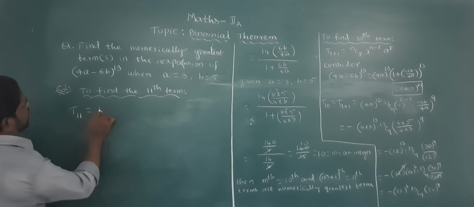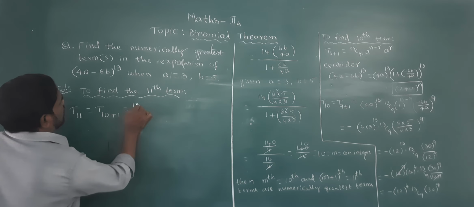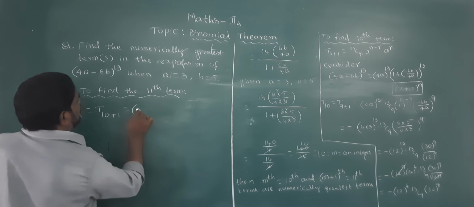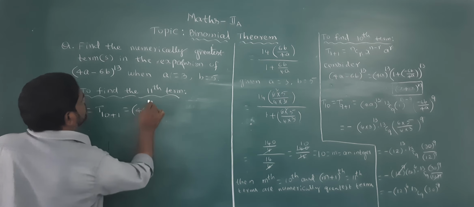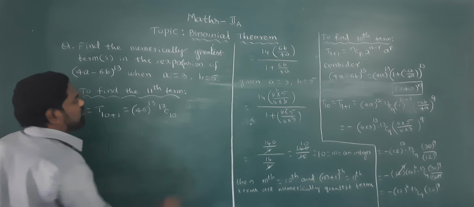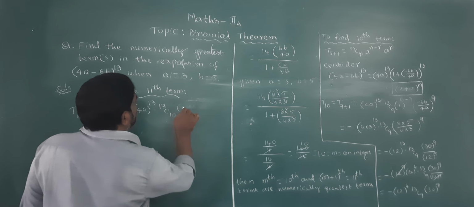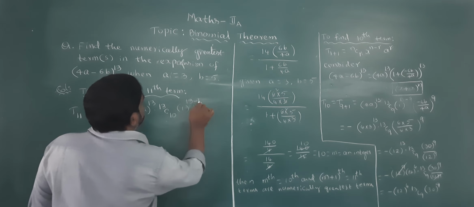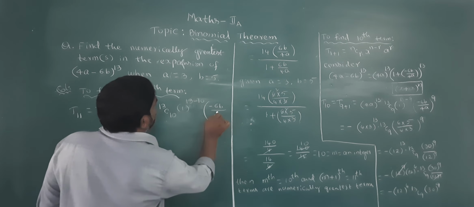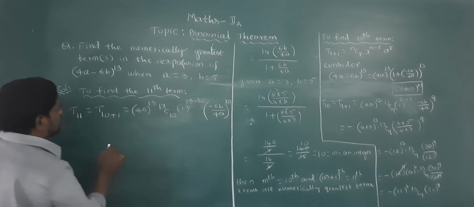T11 can be written as T10 plus 1. First of all, 4a power 13 take as it is. nCr, 13C10, x power 13 minus 10, a power, minus 6b by 4a whole power 10.